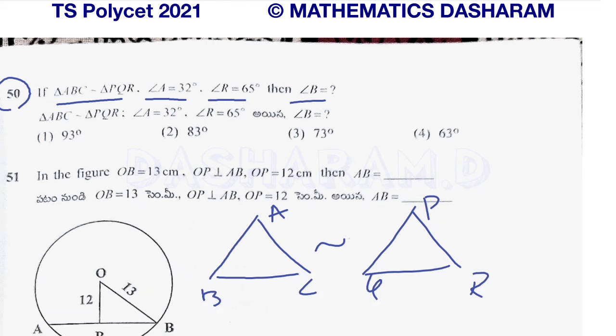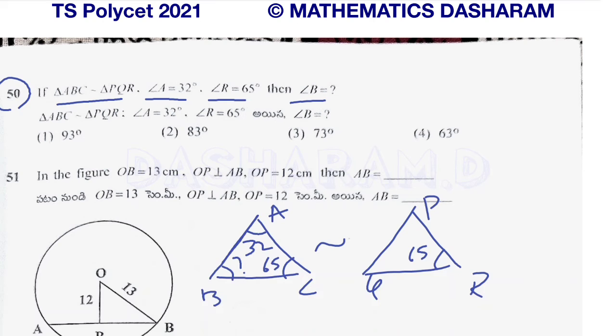In this angle A 32, angle R 65, then it is asking what is the angle B. Okay, we know that if the two triangles are similar, then the corresponding angles are equal. So now angle R is corresponding to angle C. So then angle C value will be 65 degrees.